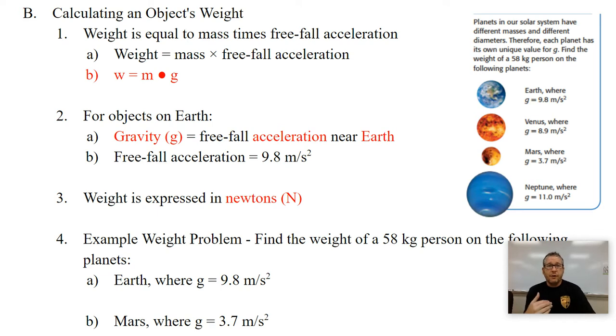For here on Earth, we call our gravitational acceleration little g in formulas. It's really what's called the free fall acceleration near Earth, and it has a value of 9.8 meters per second squared. Very important number to know.